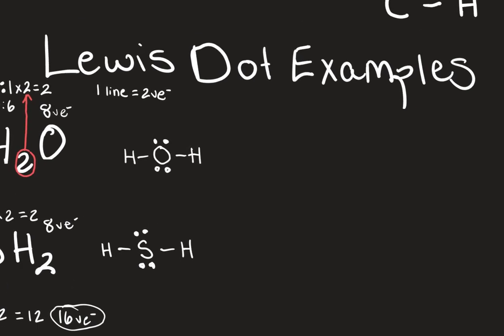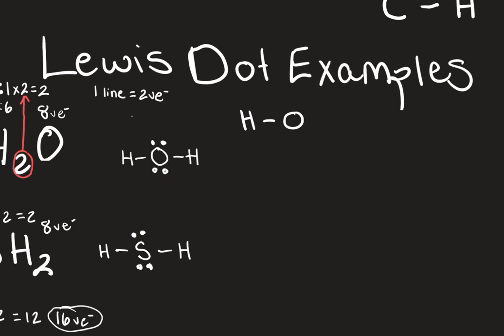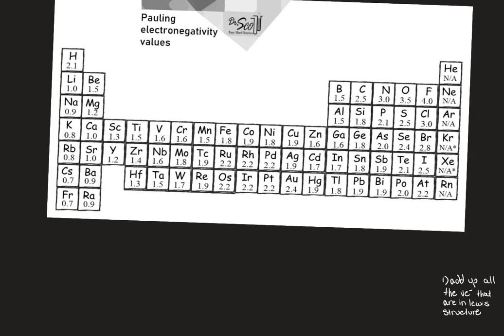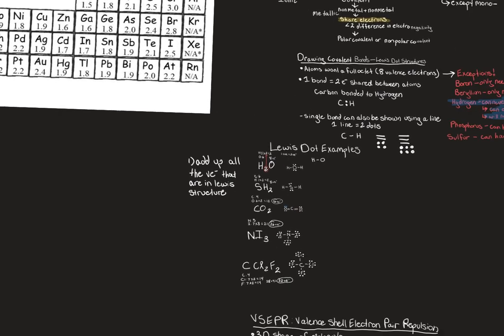So for H2O, when you have multiple bonds, you only have to look at each bond on its own, okay? So we're gonna look at the hydrogen to oxygen bond. So I'm gonna go to my periodic table with my values on there. Oxygen has a value of 3.5, hydrogen has a value of 2.1.